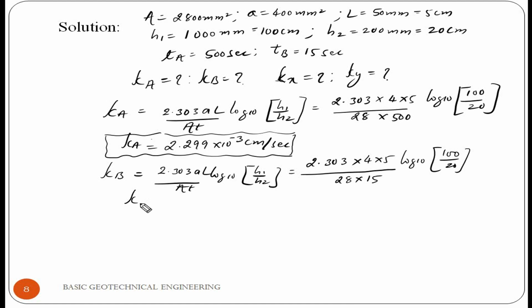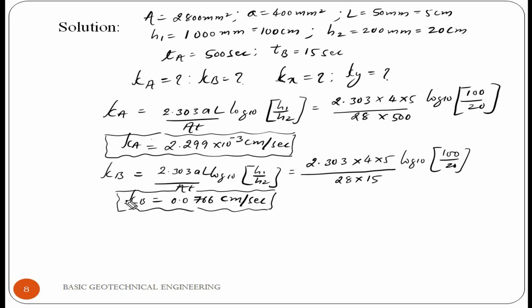So the coefficient of permeability for soil sample B, if you calculate, comes around 0.0766 centimeter per second. This is the coefficient of permeability for soil B.